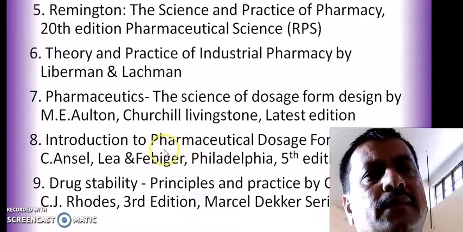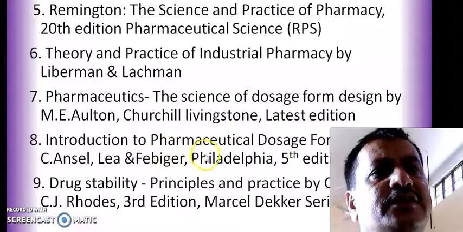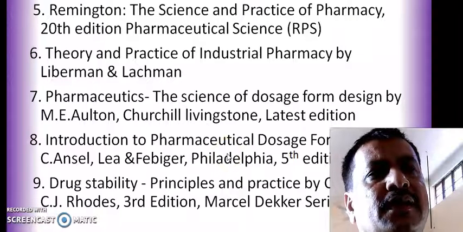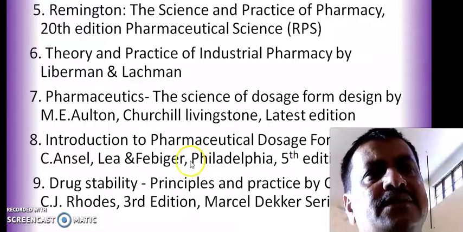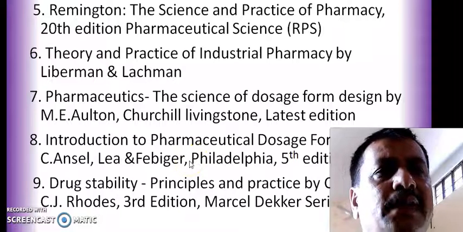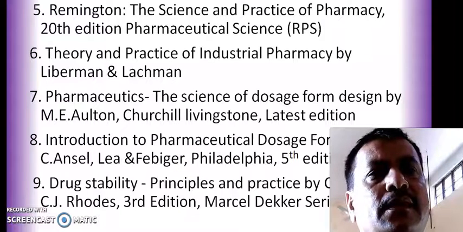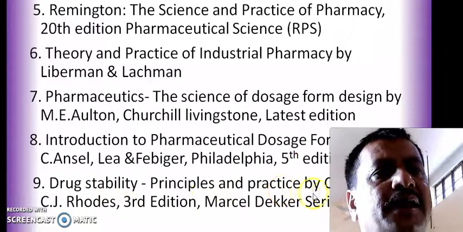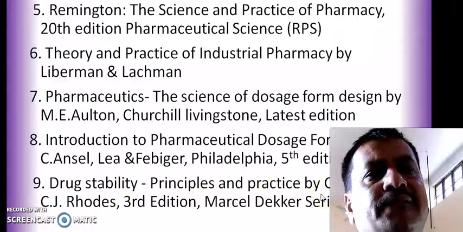Then Introduction to Pharmaceutical Dosage Forms, written by H.C. Ansel. Then the last book which has been recommended by PCI is Drug Stability: Principles and Practice by Carstensen and C.T. Rhodes.